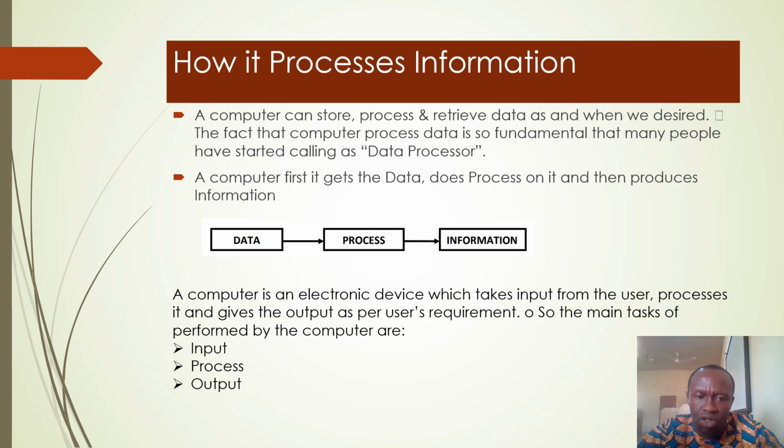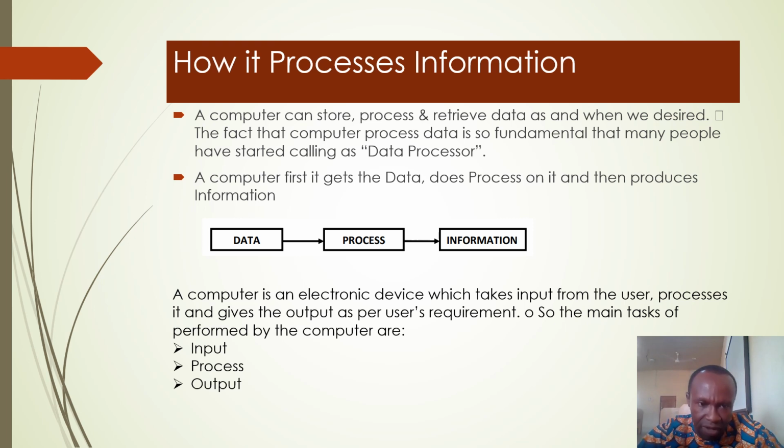You put in your data, your physics equation, boom, the thing will just calculate it and say, look at the answer. So people said, since this stuff processes this thing and then gives us the answer, let's give it a descriptive name, data processor.